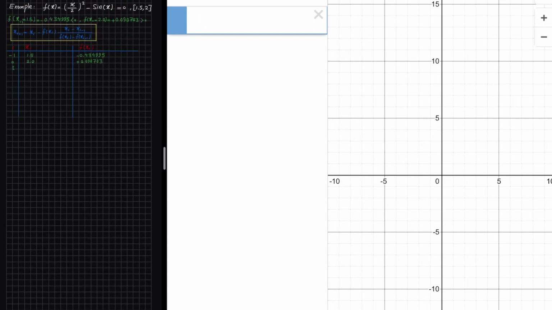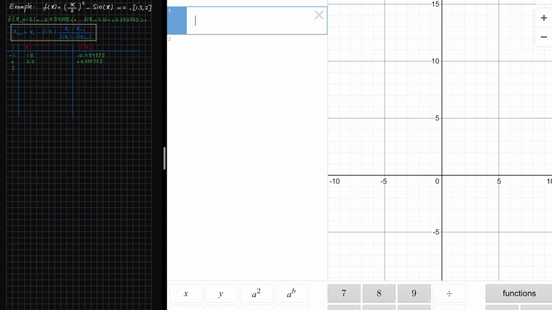Okay, let's put the f(x) into the calculator. Here I define the value of f(x).